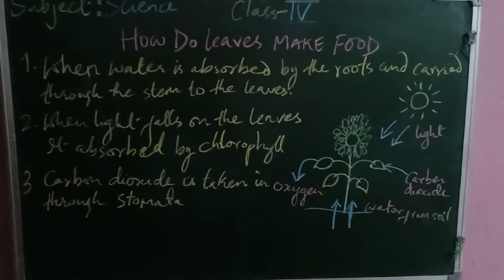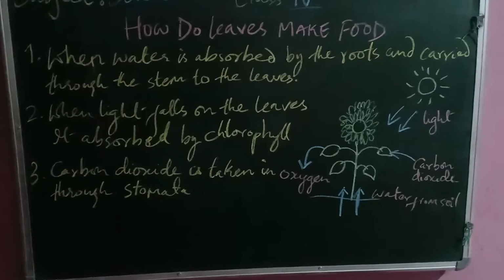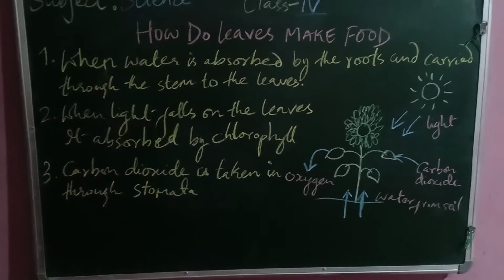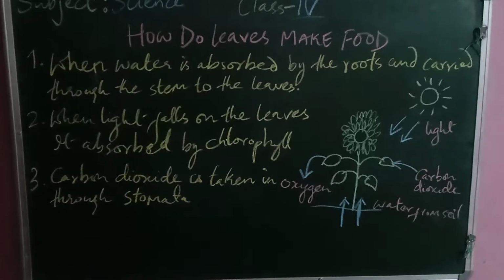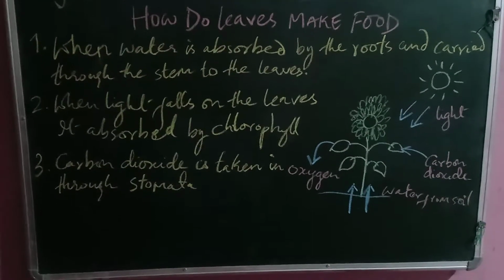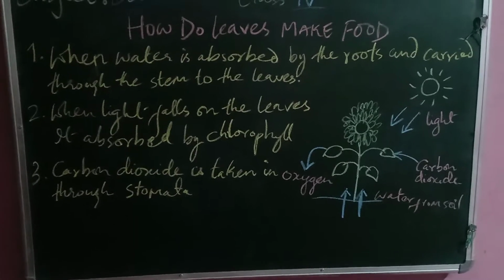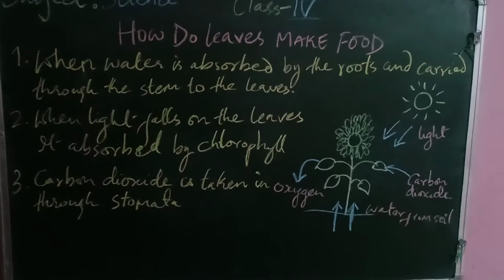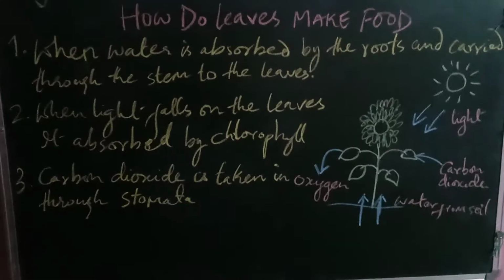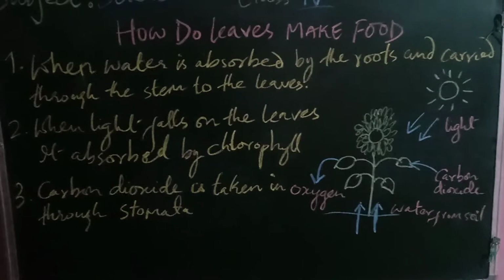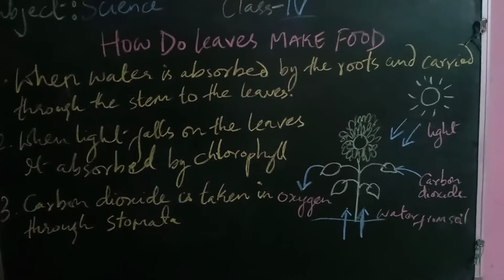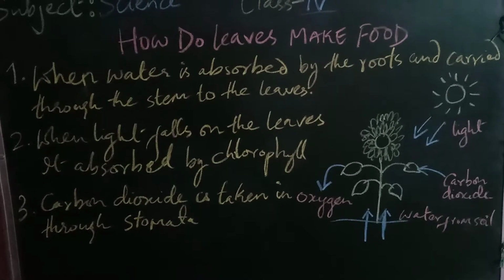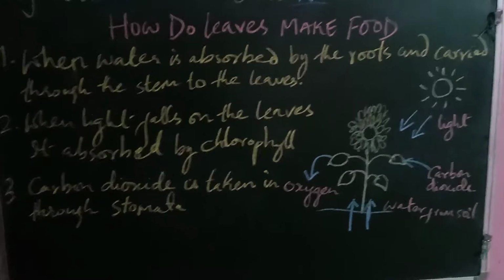Then carbon dioxide is taken in through the stomata, the tiny holes. And after the food is prepared, oxygen is given out through the stomata. So first they take in water from the root and pass it through the stem to the leaves. After that they absorb sunlight with the help of chlorophyll.